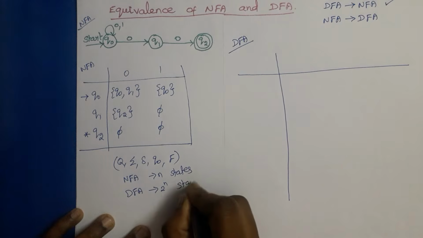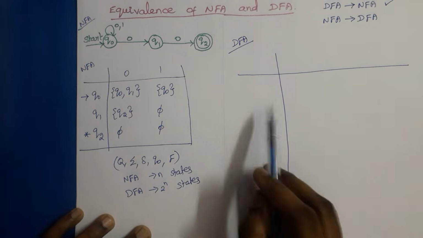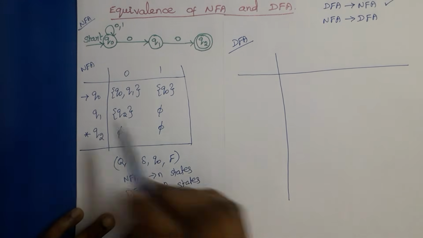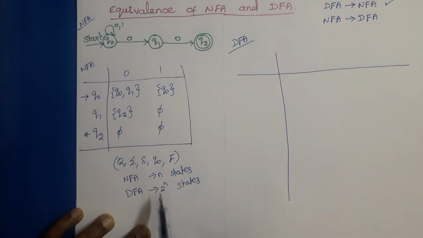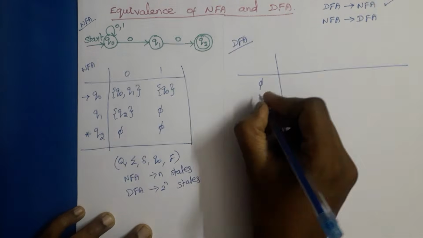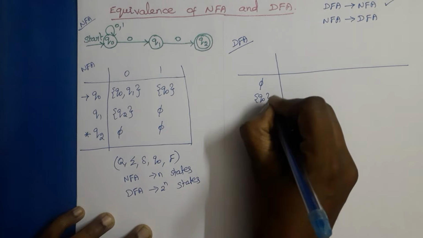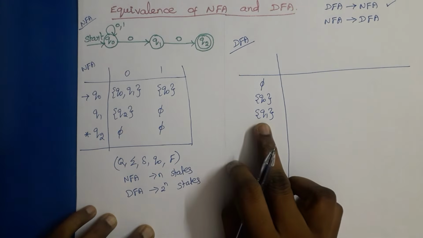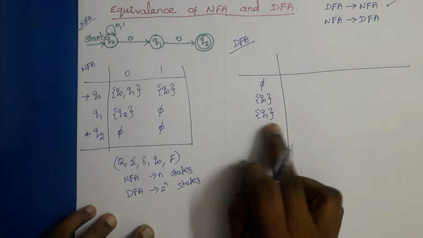That is, DFA states are the set of subsets of NFA states. So from n states, we can make 2 power n combinations. First one is phi, then {Q0}, {Q1}. While writing DFA states, we need to use set braces.